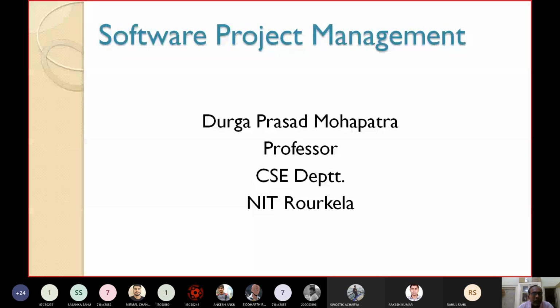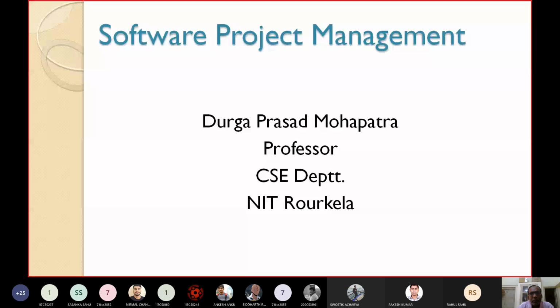Another parametric model today. Yesterday I had told that there are many parametric algorithms, and in previous classes we have already discussed LOC, that is the size. Two important examples of parametric or algorithmic models are size and FP.